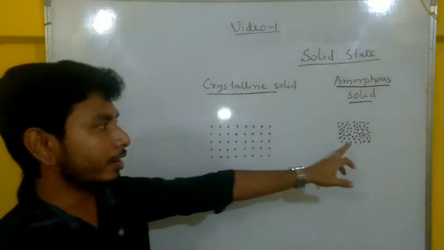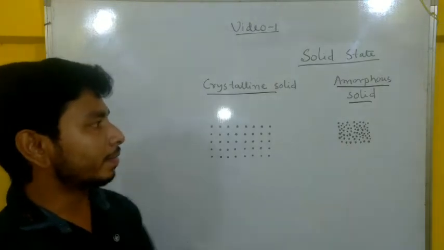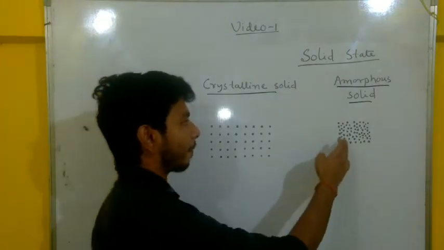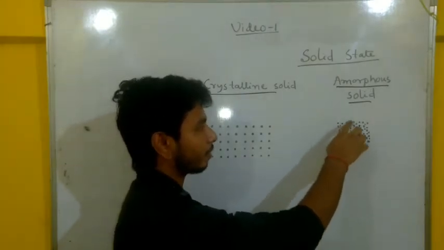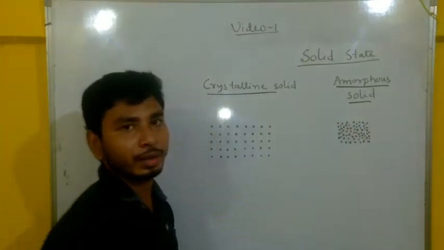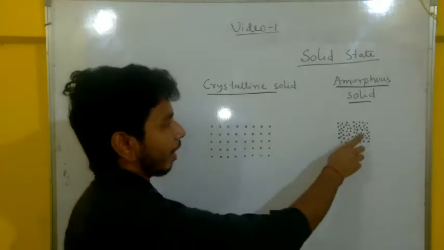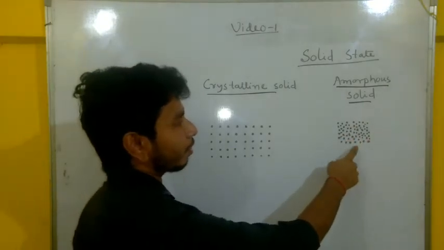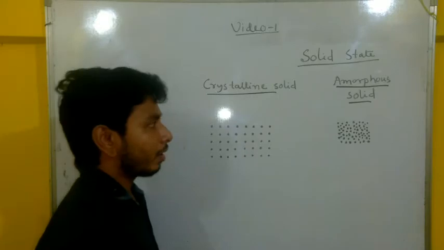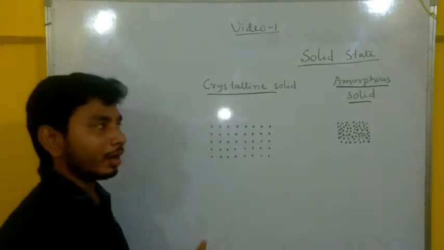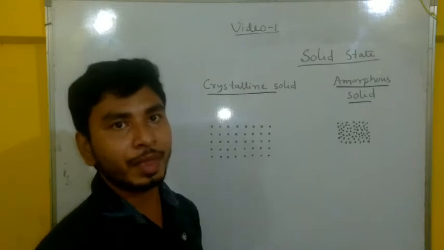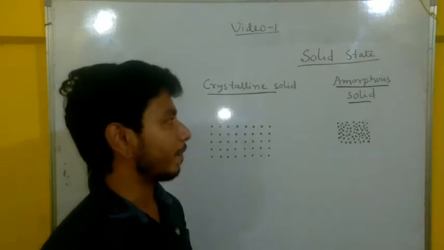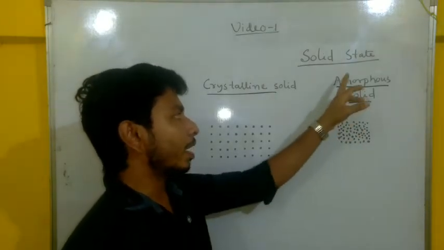But now look at this arrangement. In this arrangement, there is no pattern of arrangement of the particles. The particles are distributed randomly. There is no regular arrangement of the constituent particles. So in a solid, if there is no regular arrangement of the constituent particles, then the solid is called amorphous solid.